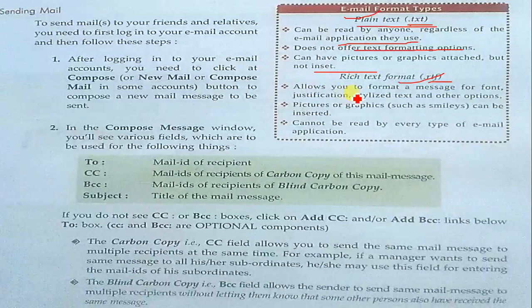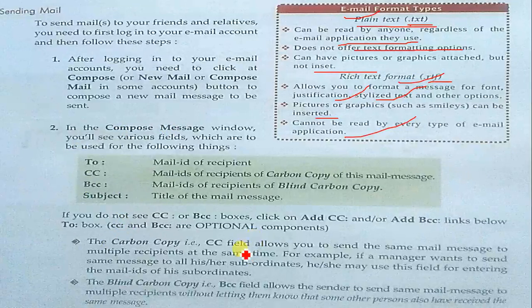RTF allows us to format a message for font, justification, style, and stylized text options. Pictures or graphics such as smileys can be inserted. It cannot be read by every type of email application. This is the difference between plain text .txt and RTF rich text format.